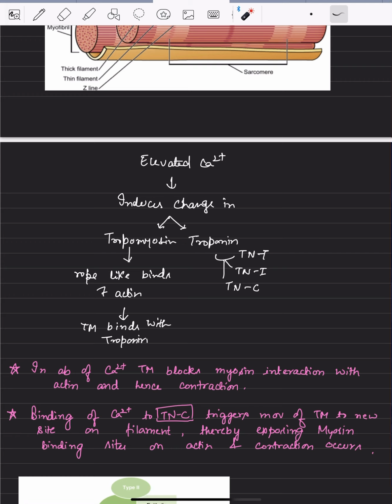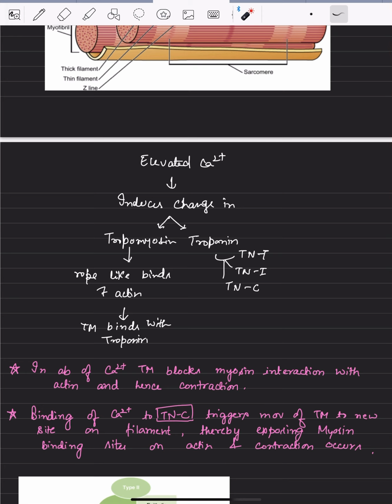Some points are mentioned here in different colors, so these are important. What if there is no calcium? Then the interaction will be blocked. How will it be blocked? The tropomyosin will block the myosin interaction with the actin, and once the myosin interaction with the actin is blocked, there will be no contraction observed.